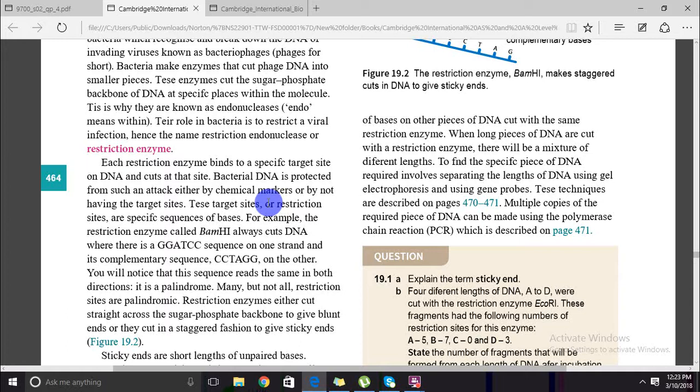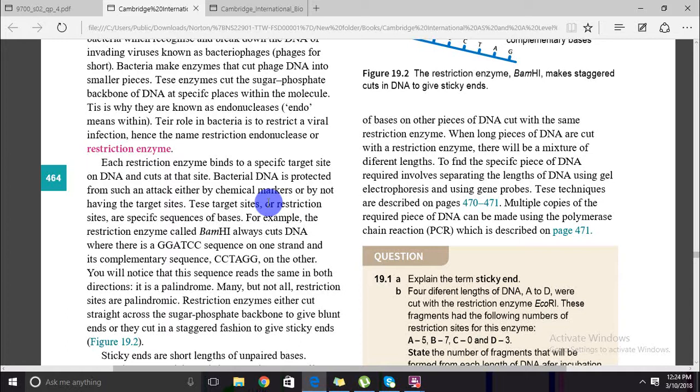For example, there is a restriction enzyme called BamHI, cool name, which always cuts DNA where there is a GGATCC sequence on one strand and its complementary sequence CCTAGG on the other. So this is interesting.